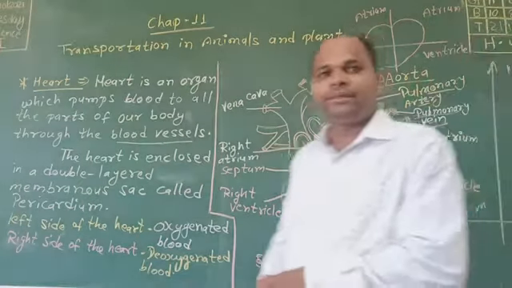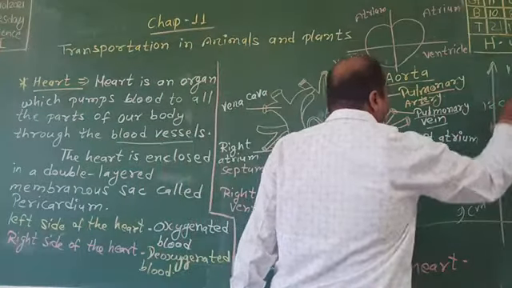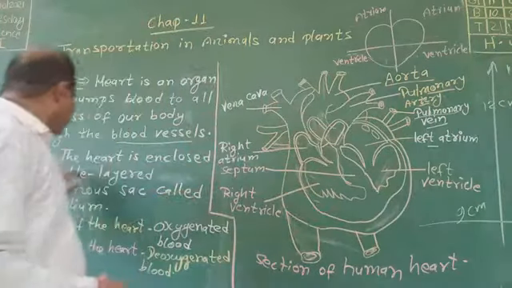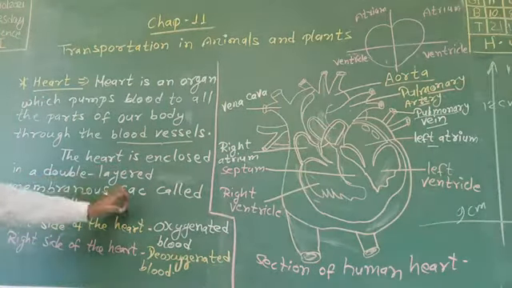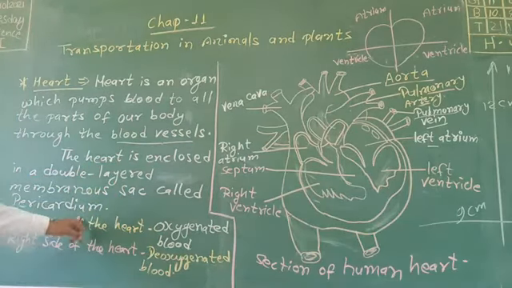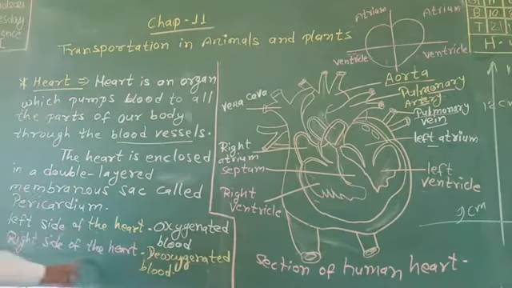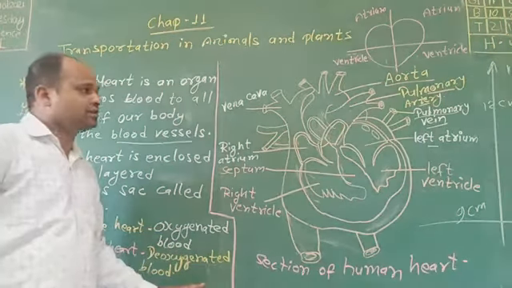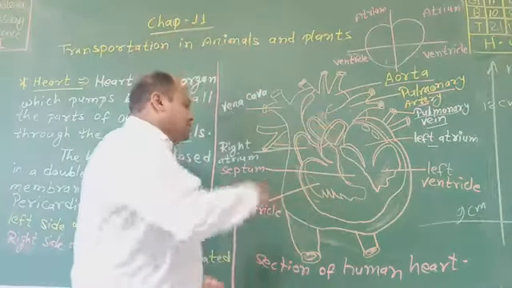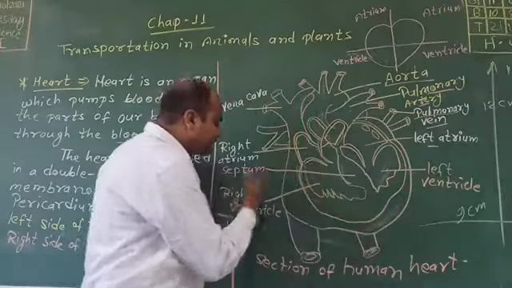The heart is enclosed in a double layered membranous sac called the pericardium. The left side of the heart carries oxygenated blood and the right side carries deoxygenated blood. Look at the picture: this side is the left side of the heart and this side is the right side.